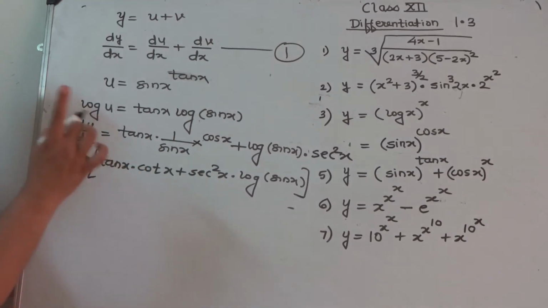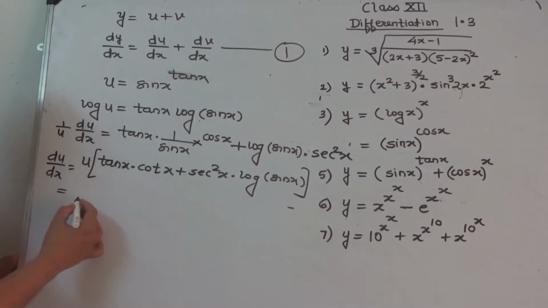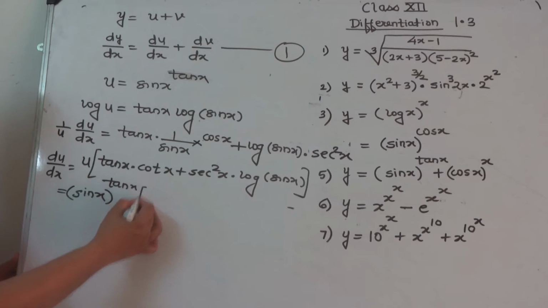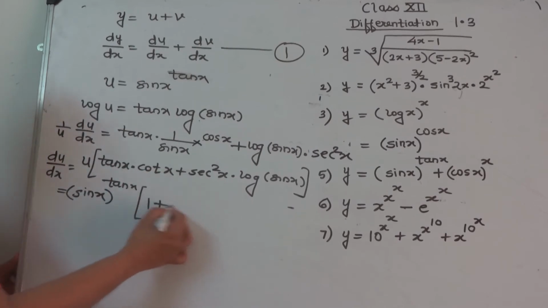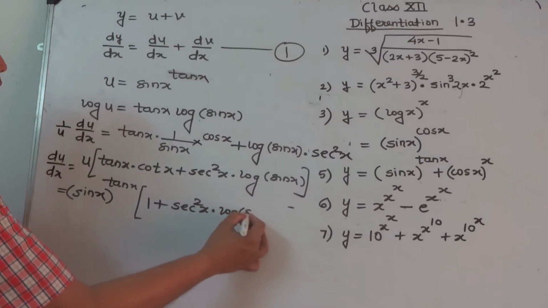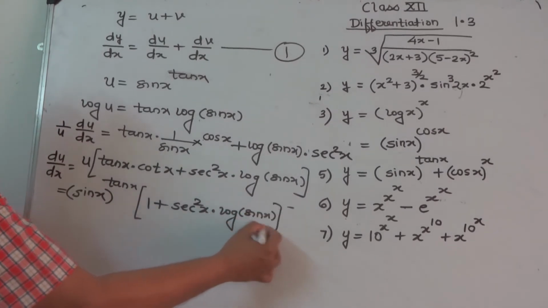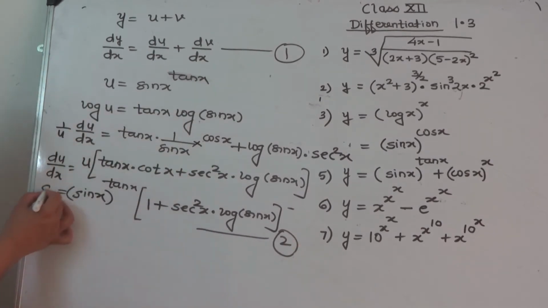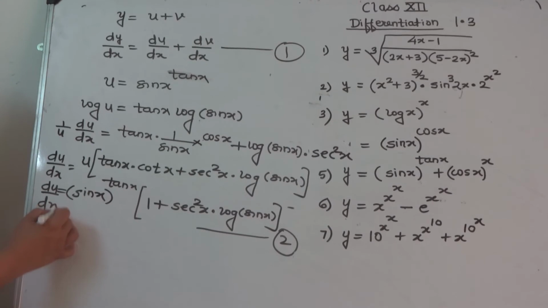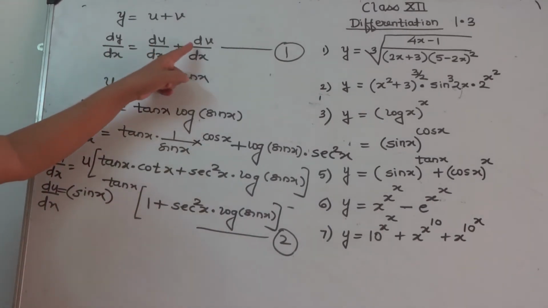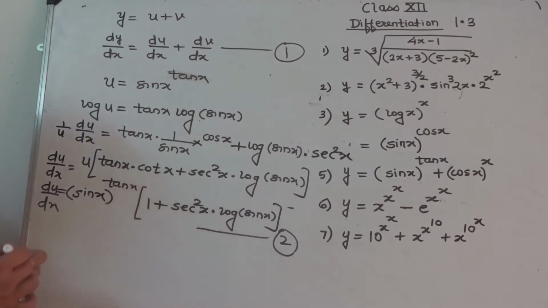Tan into cot is 1, and in place of u we have to write sin x raised to tan x, in bracket tan into cot is 1 plus sec square x into log of sin x. This is number 2. This is value of du by dx. So students, we have find value of du by dx separately. Now we shall find value of dv by dx separately.